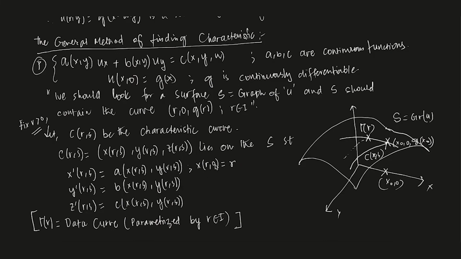So at the point (r,0), when you are starting at s equals 0, the first component is r. y at the point (r,0) should be 0. And z at the point (r,0), z at the point x naught, 0 is g of x naught, so it is g of r. So s equals 0, it starts from here. That is why we are taking the initial value (r,0) with g of r.